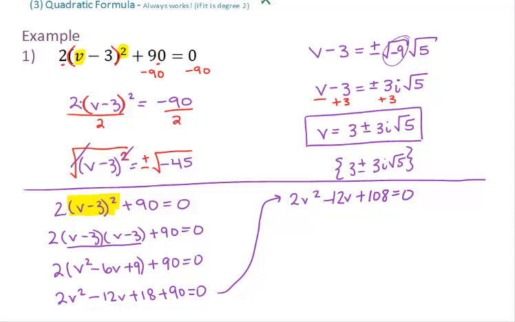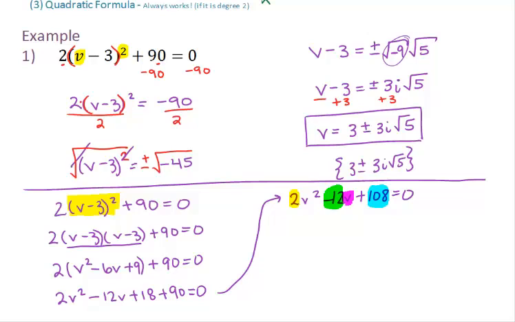At this point, you can pick out your a variable, which is 2, your b variable, which is negative 12, and your c variable, which is 108. And you can plug it in your quadratic formula with the correct actual variable that you're trying to solve for, which is this v here.